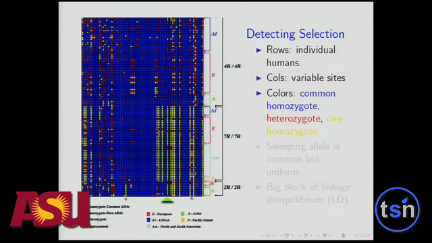And what I'll encourage you to notice is that there are 2 big blocks in this data. There's a big block down here that consists of a whole lot of humans that had nearly the same genotype at a large number of sites.